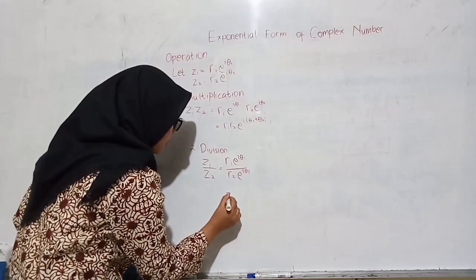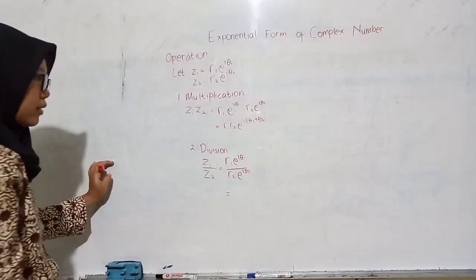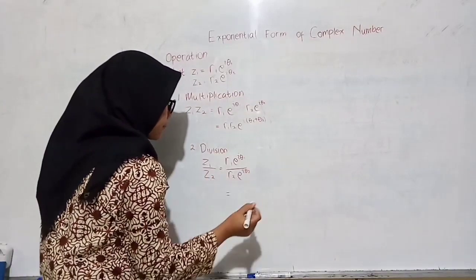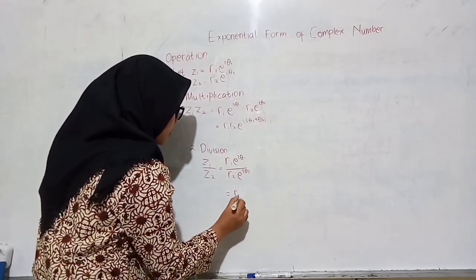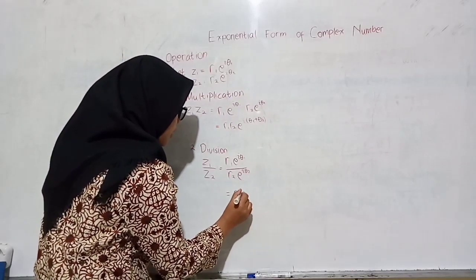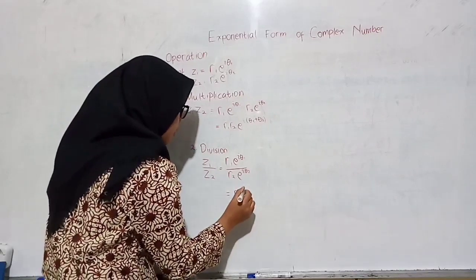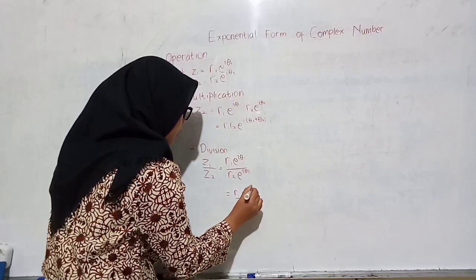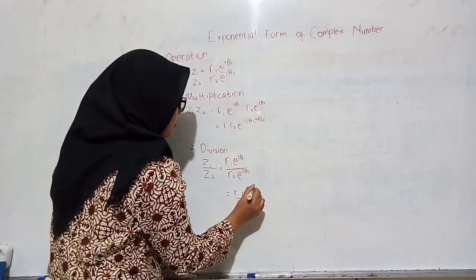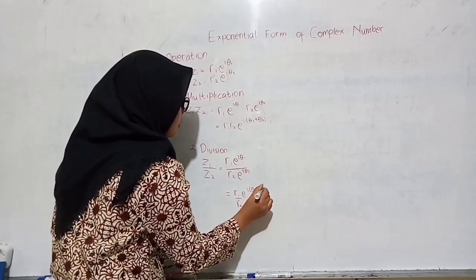And this can be R1 over R2 e power i (theta 1 minus theta 2).